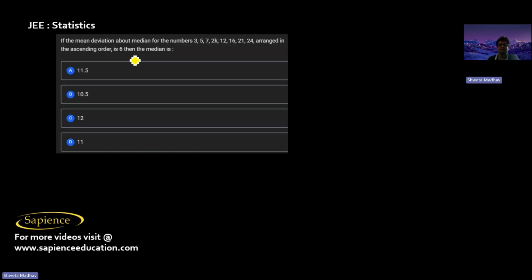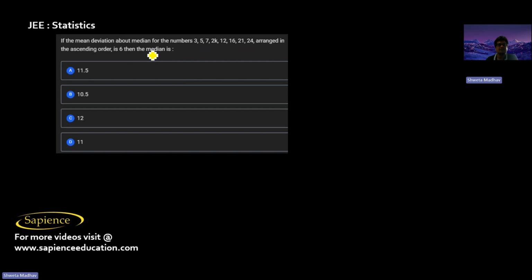And here it is asked: the mean deviation about the median for the numbers 3, 5, 7, 2k, 12, 16, 21, 24 arranged in ascending order is 6.